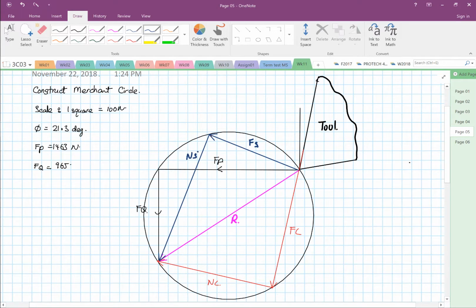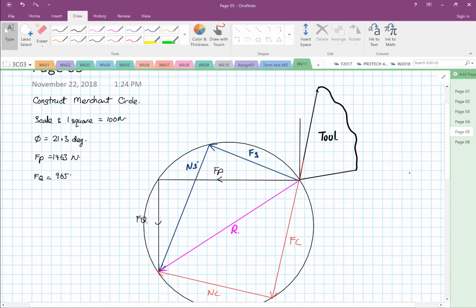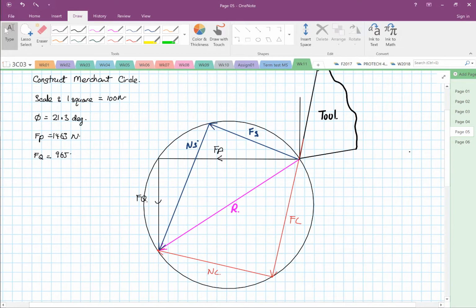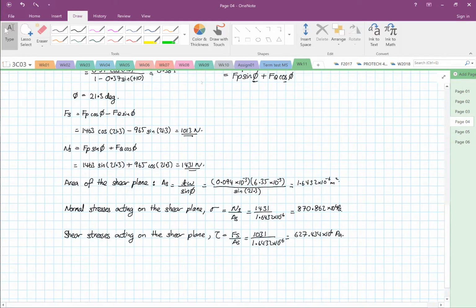Okay, and you will be wondering, hey, if you draw this out, your FC and NC, I'm going to look at my FC and NC values.